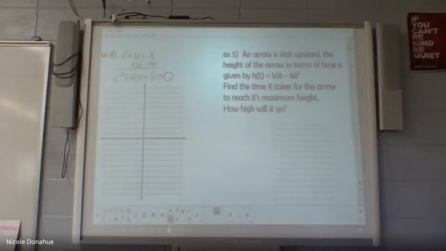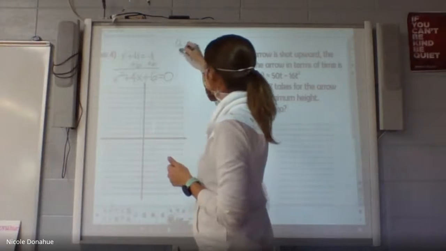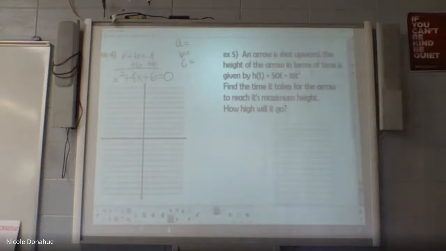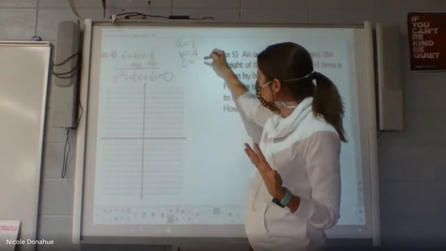0, 6. So now we're able to see A, B, and C. C is 0, 6. All right, so we move the 6 over so that the equation equals 0. What's A? 1. B? 4. C? 6.